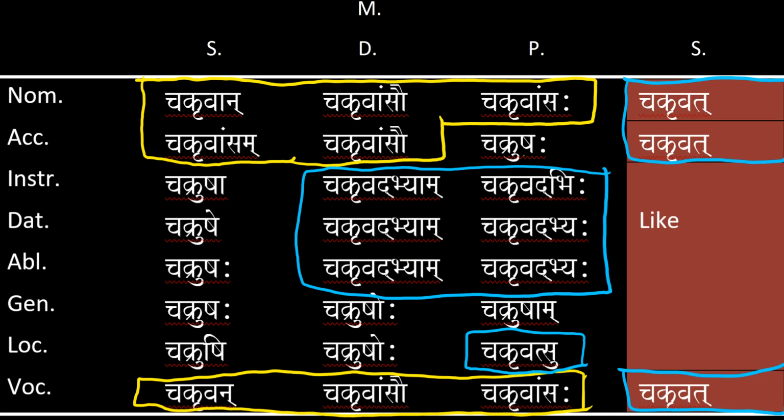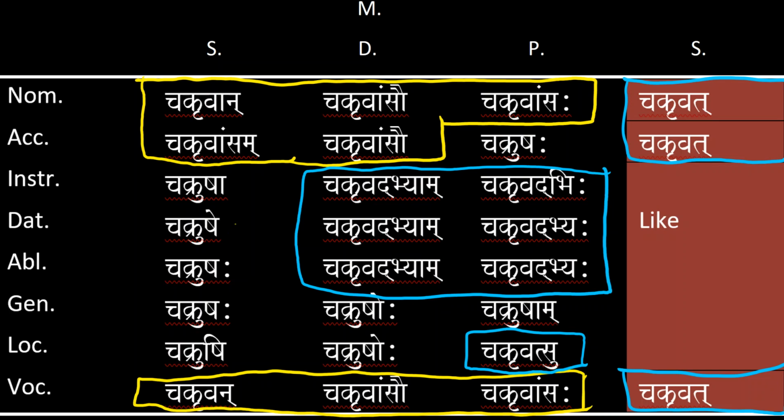Then for the instrumental singular, we're in the weak stem. We have chakrusha. And then for the dual and plural for instrumental, we are in the middle stem. We have chakrivadbhyam and chakrivadbhihi. For dative singular, back to the weak stem, we have chakrushe.